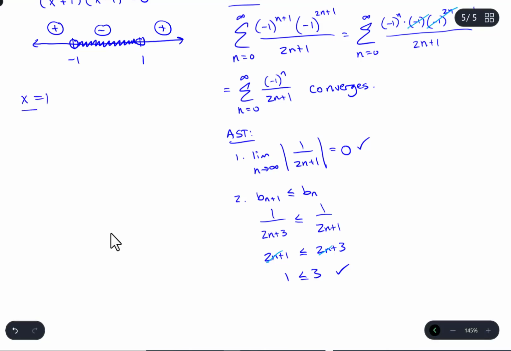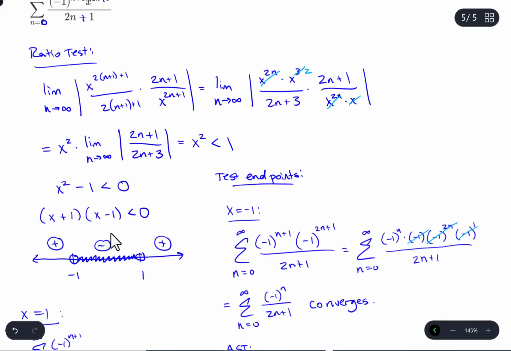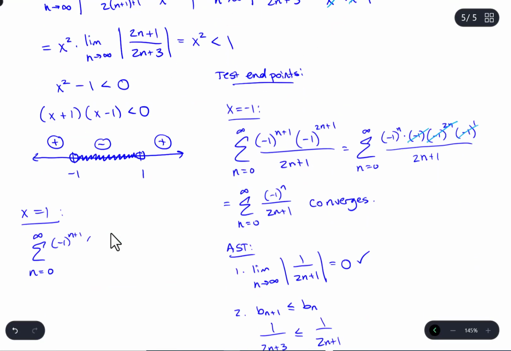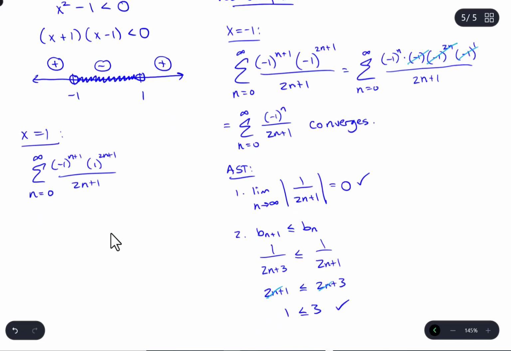And we have one other endpoint at positive 1. If I plug that into my series, it's going to be negative 1 to the n plus 1. And then when I plug in for x, it's going to be 1 to the 2n plus 1, all over 2n plus 1. Okay, so 1 to any power is just 1, so that's not going to have any effect on anything because 1 times anything is itself.